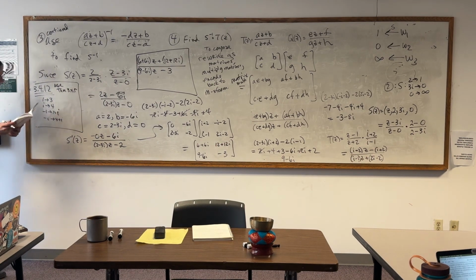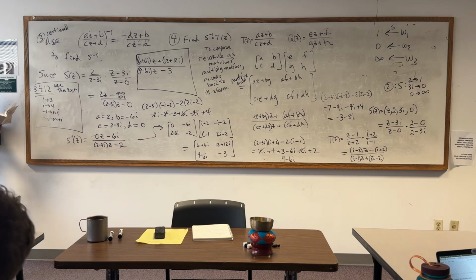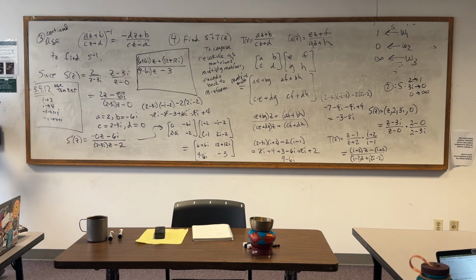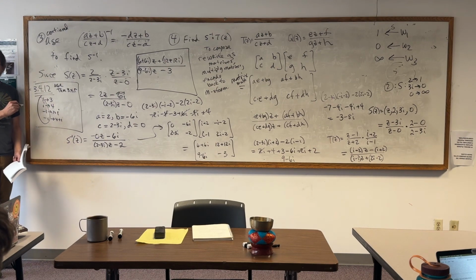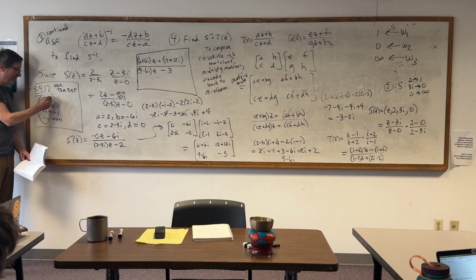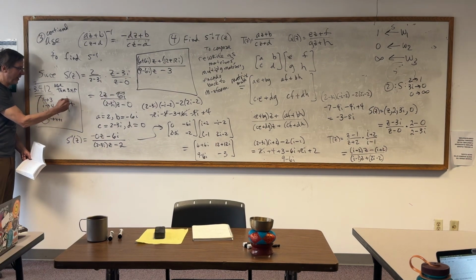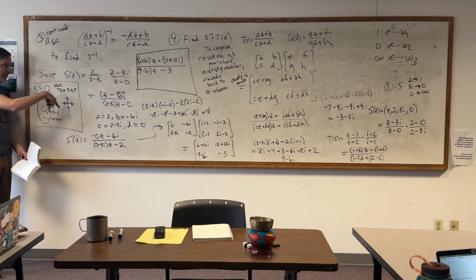Theorem 3.4.5 says Mobius transformations take clines to clines. So if these lie on a cline, and they do, because they're just the cardinal points, 1, i, minus 1, they live on the unit circle.